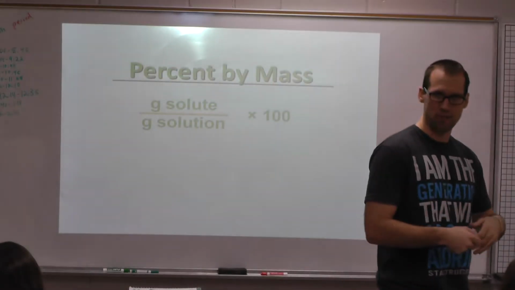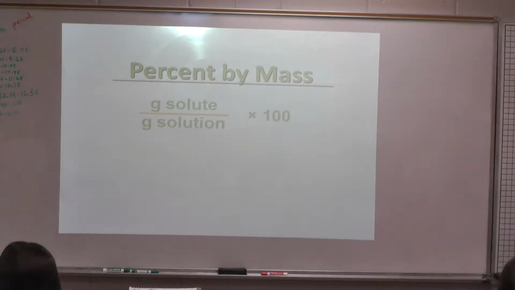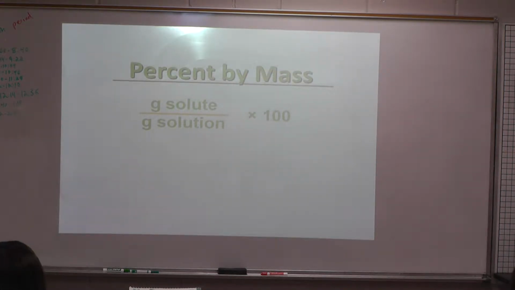The first way to figure out how concentrated something is would be to take the mass of your solute that you dissolve. So could I weigh a certain amount of salt and then put it in a liquid and dissolve it? Is that possible? And could I weigh the amount of solvent, or could I weigh the solution after I've dissolved everything?